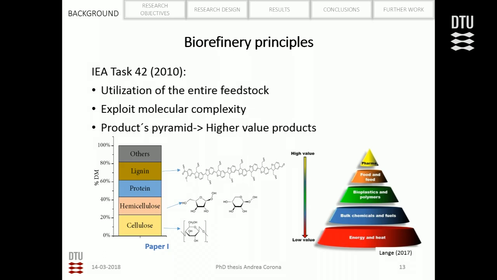In this case, we have several different types of molecular compounds, which are very interesting to exploit for the production of higher value product, which is also the third principle of biorefinery. So the focus is on maximizing the production of higher value product and minimizing the low value, such as energy and heat.